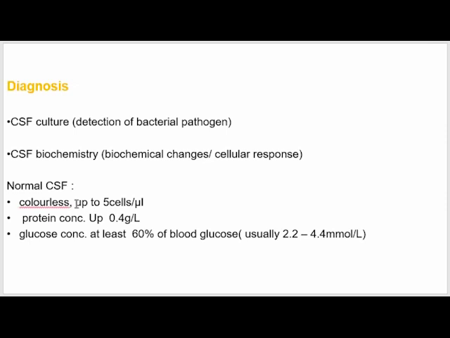If the cells are more than 5, there's a problem. Protein more than 0.4 grams. So it depends on the type of causative agent. Is it fungal? Is it viral? Or is it bacterial?